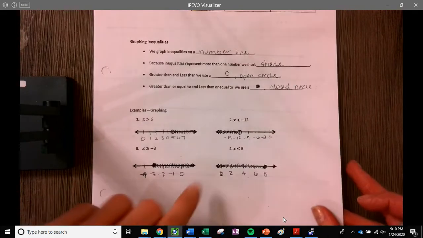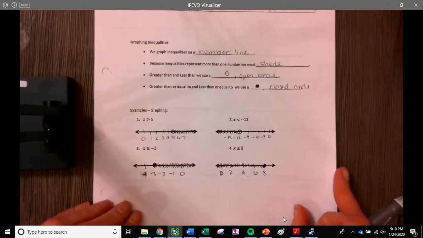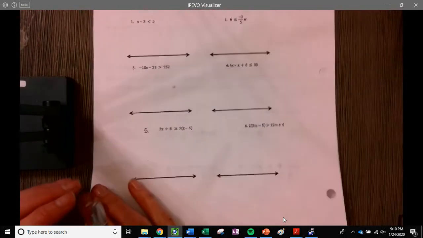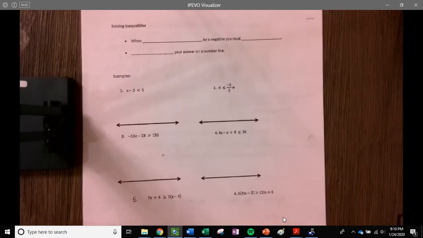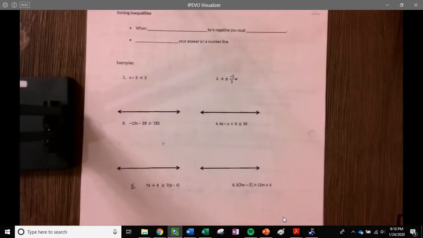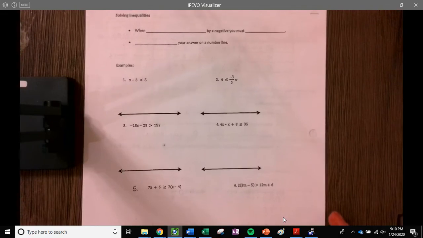All right, so that's how we graph things. Let's talk about how we solve the inequalities. All right, crucial rule that you have to remember.